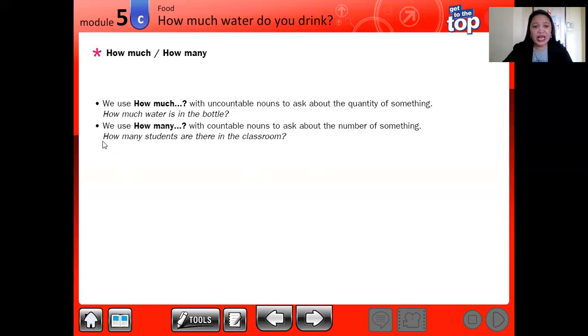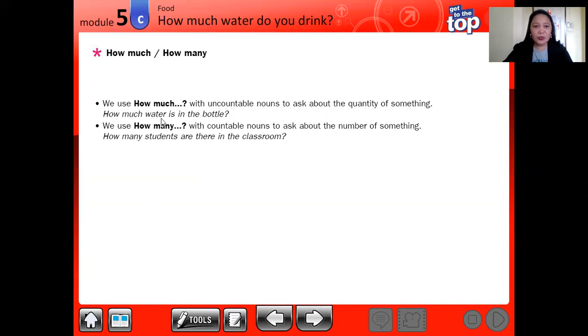So we use how many. Do you understand? We use how many because we want to know the number of the students inside the classroom. All right? One more time. We use how much with uncountable nouns to ask about the quantity of something.